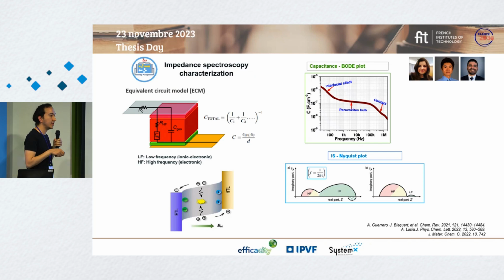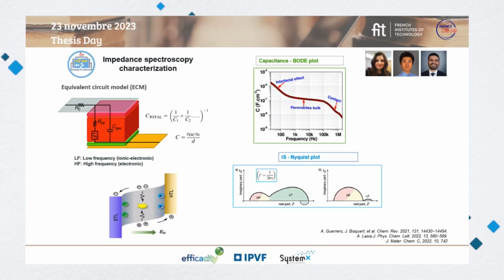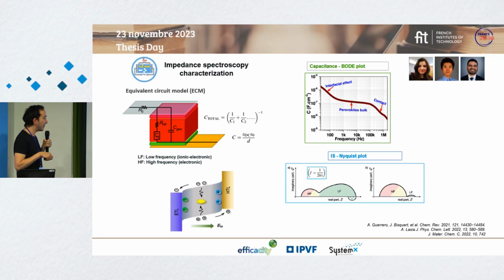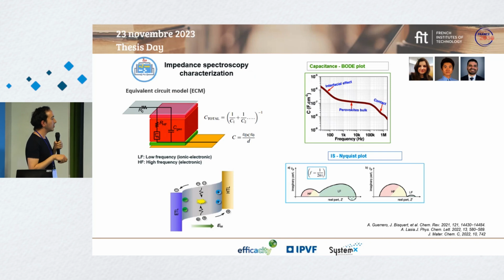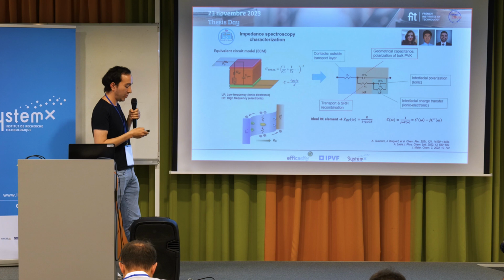If it's very high frequency, it's telling a response that is related to the contacts or to the perovskite absorber layer, or to very slow processes at the interfaces. For instance, if we have migrating elements that are polarizing the interfaces, we can see them at different timescales. And those different phenomena give different shapes on the impedance plots. Each semicircle is a different phenomenon. What we have here is a physical explanation of those different phenomena through an equivalent circuit.